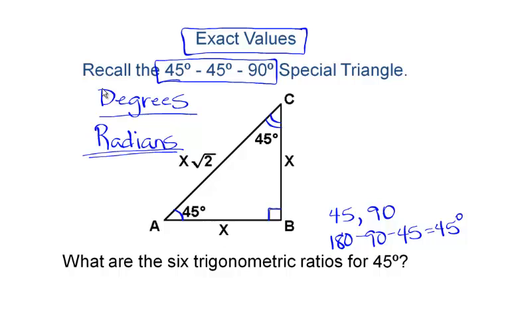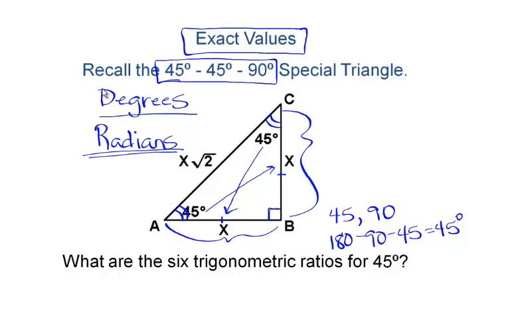So those angles are the same measure. That puts me in an isosceles right triangle. And if I have angles that are the same measure, then the lengths of the sides opposite those angles have to be the same measure. That's why I have both of these labeled as x. The length of side AB is equivalent to the length of side BC. I am in a 45, 45, 90 special right triangle.